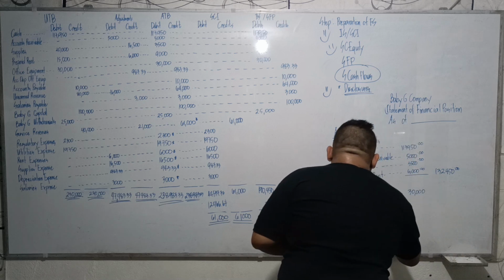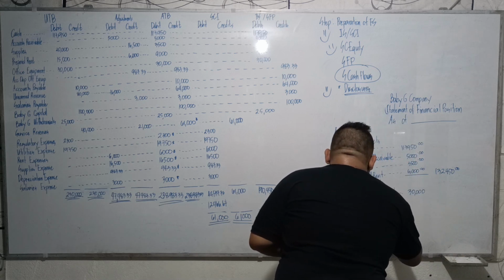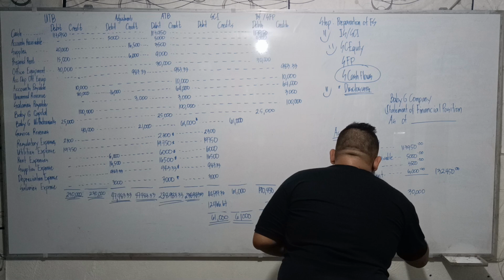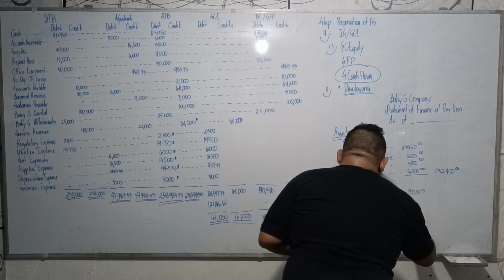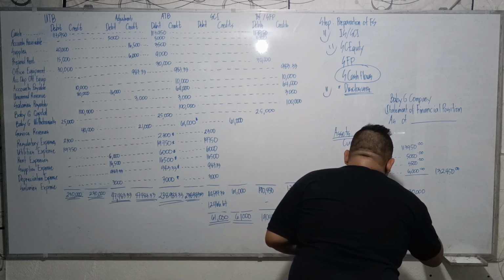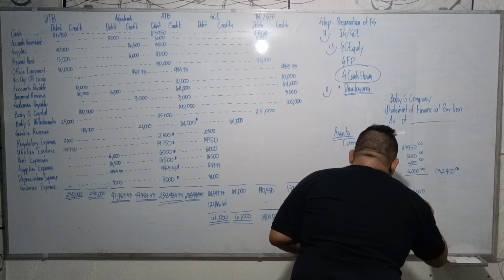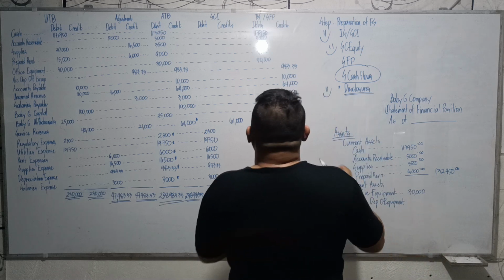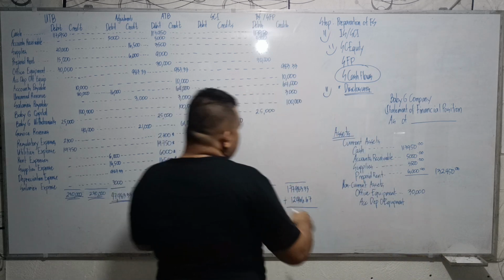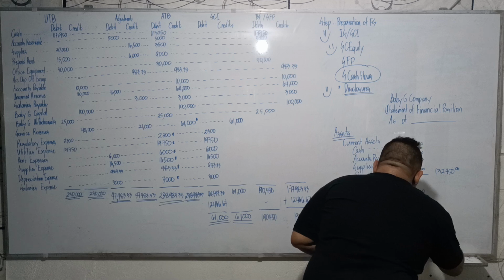You have to deduct from it the accumulated depreciation of office equipment, which is based on our computation 983.33. So you're gonna deduct that because this is a contra asset.